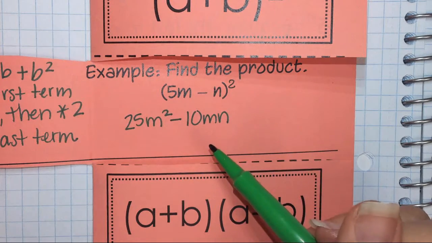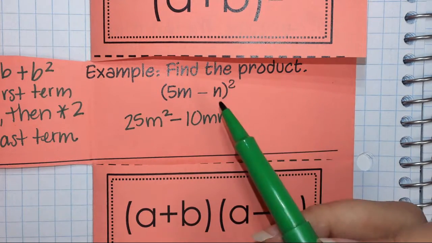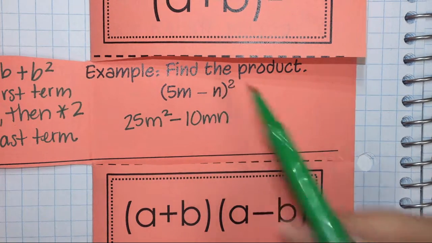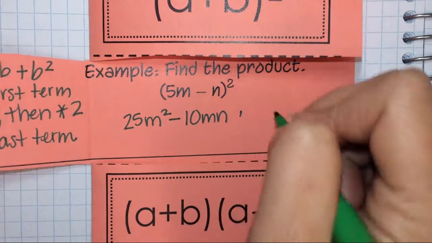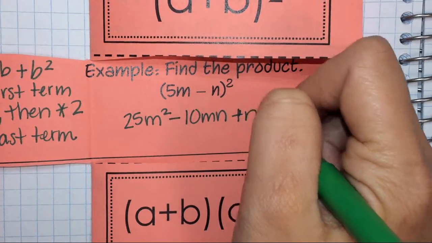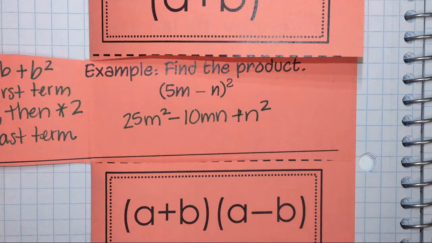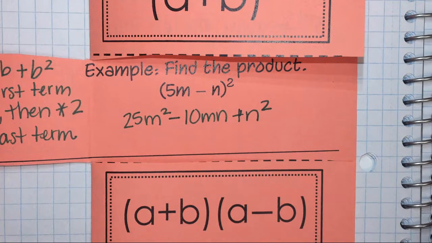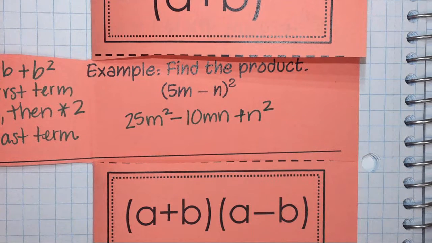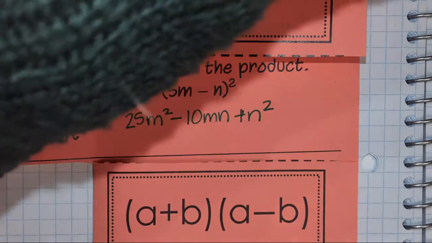Does everybody understand? Okay, now if we square n, what are we going to get? N squared. And we write a plus because a negative times a negative is a positive. Great job. I'm super proud.